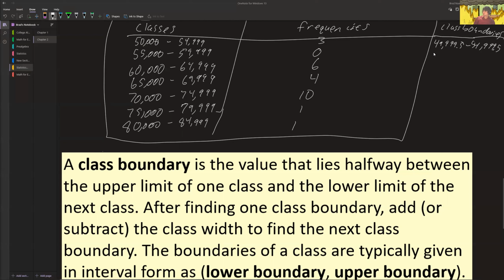So I'm going to have 54,999.5 to 59,999.5. And you'll see that this and this are the same. Hopefully this makes sense. If you do have questions about this, please do let me know.